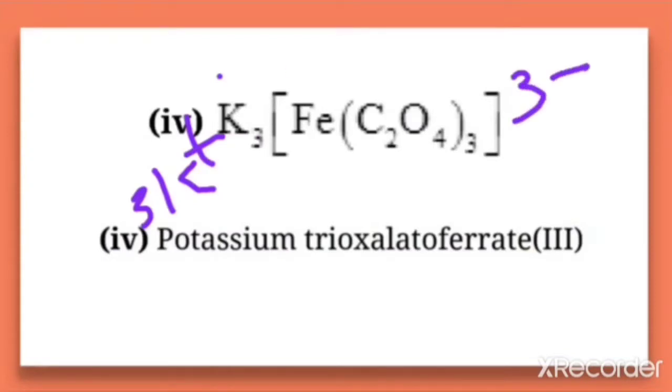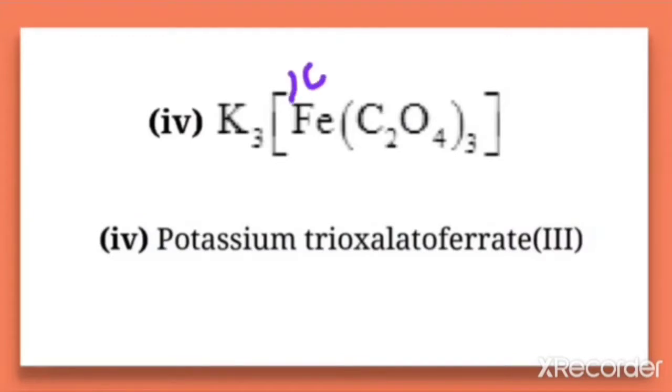So for Fe we write X as the oxidation number, and we know that for oxalate the charge is -2.